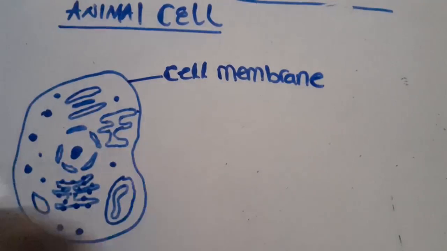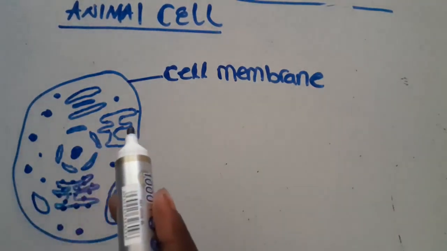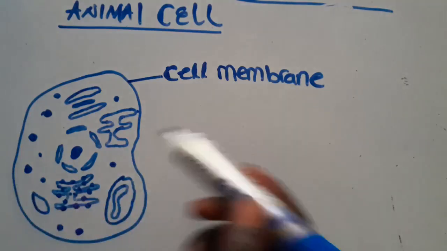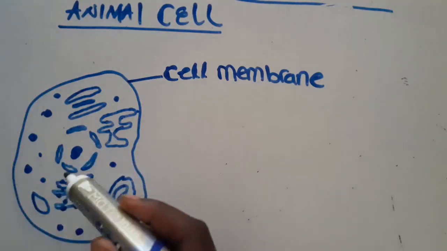And we said a function of a cell membrane is to allow materials, watery materials such as water as well as oxygen to enter, as well as to remove toxic substances, or unusable materials which are not needed inside a cell.